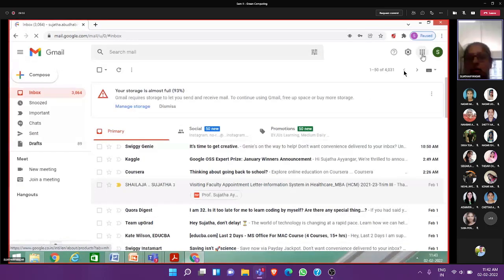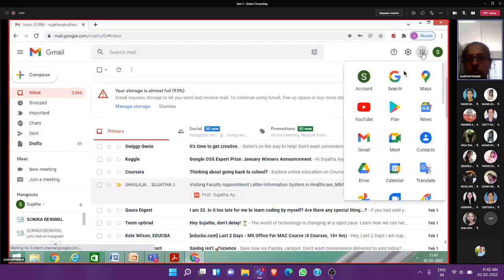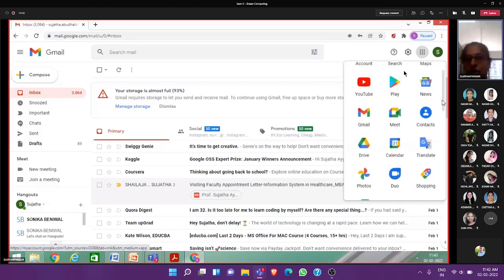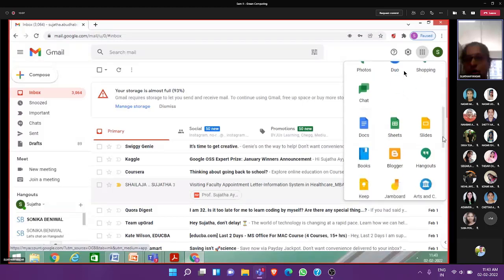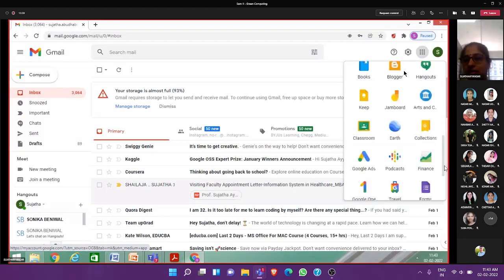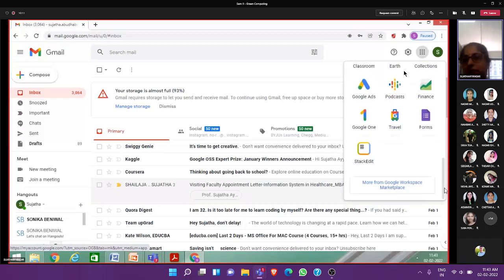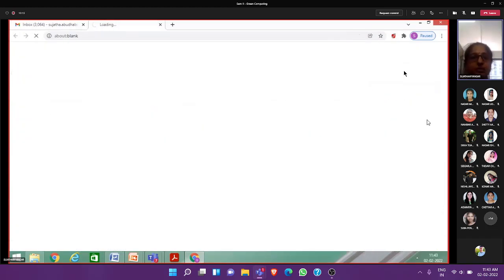Then here you must be having the Google apps. Go to the Google apps, come down, and you can see Forms. Okay, so click on that Forms.